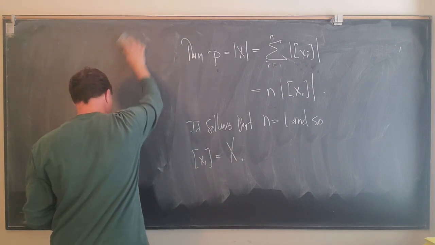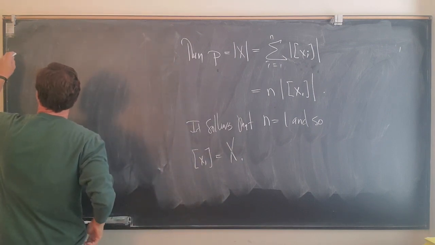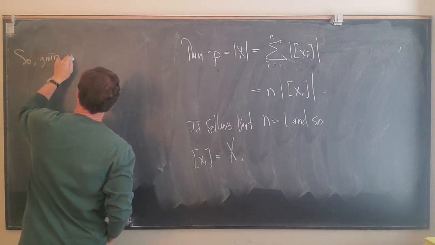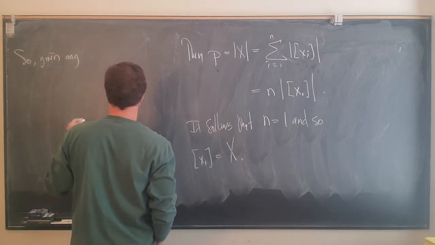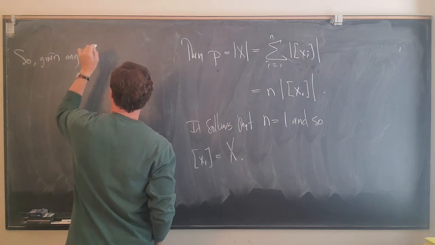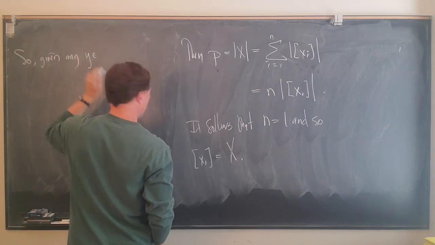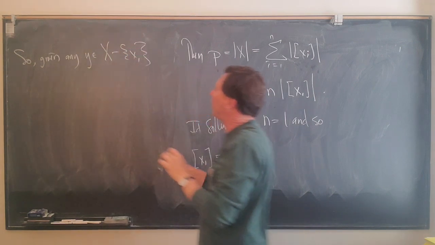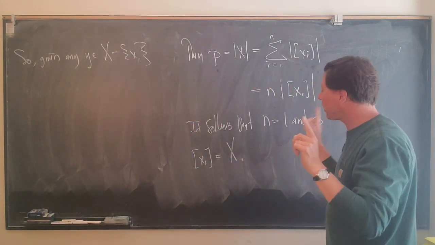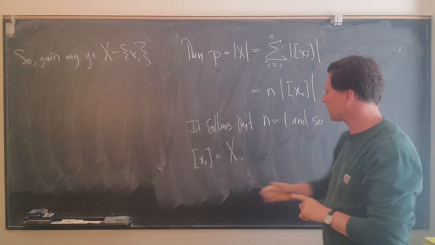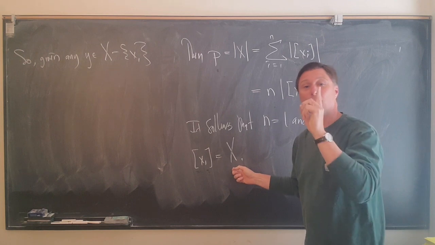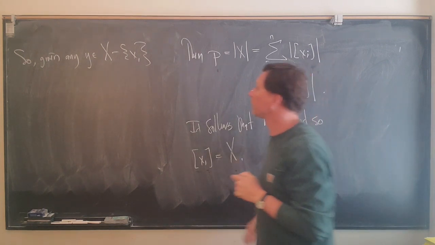Okay, so now we can say, given any little y in capital X minus x1, so any element of X that's not equal to x1, we know, because the equivalence class of x1 equals all of X, that y has to be equivalent to x1.